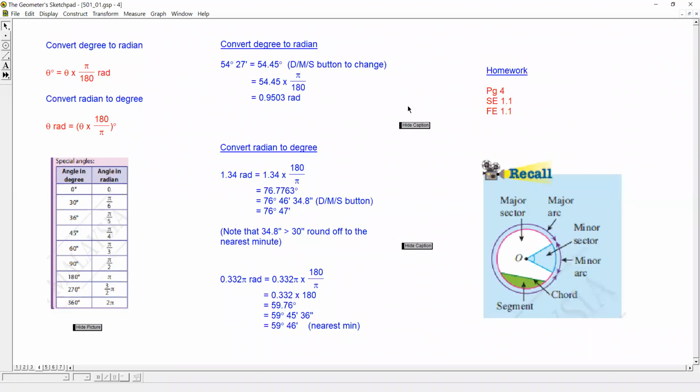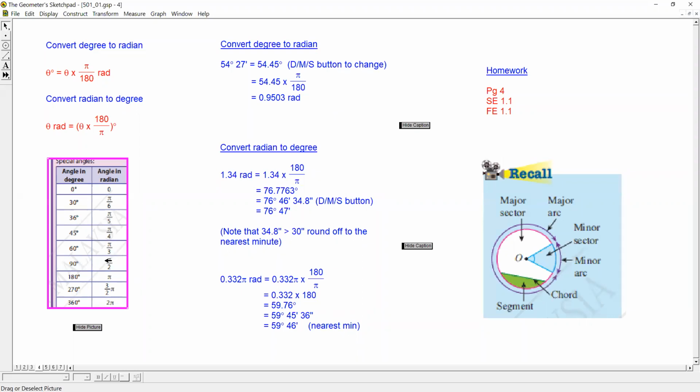Next, we also learned how to convert using the buttons. I told you if it is more than 30 seconds, you have to round off to 1 minute. So if it's more than 30, you have to increase 1 minute. Now, the next thing is I ask you to remember this table, memorize the values.